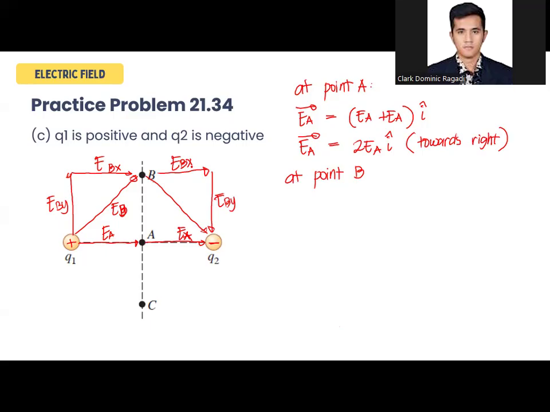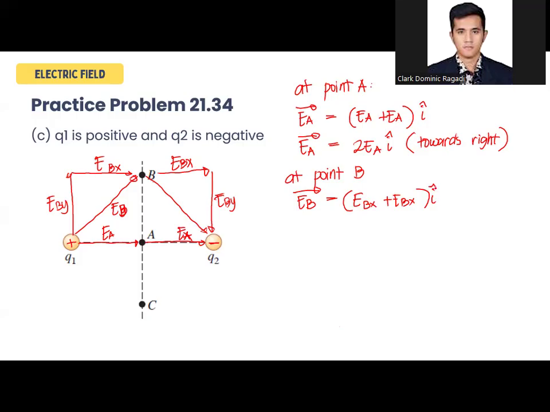So I guess we can solve for the vector EB. Looking at the X components, both components of EB, from Q1 and Q2, are going to the right, meaning they're both positive. So we have EBX plus EBX I hat.